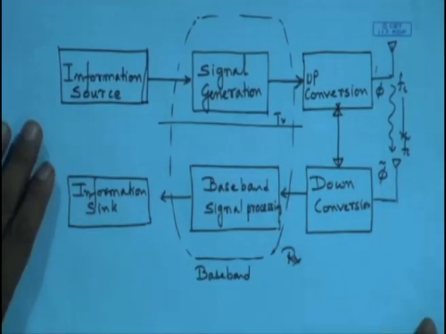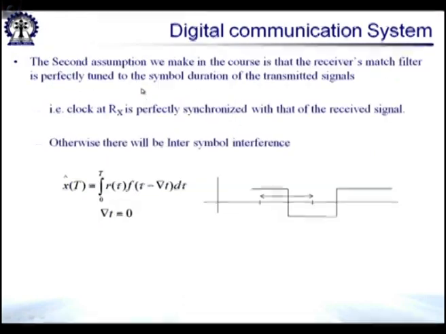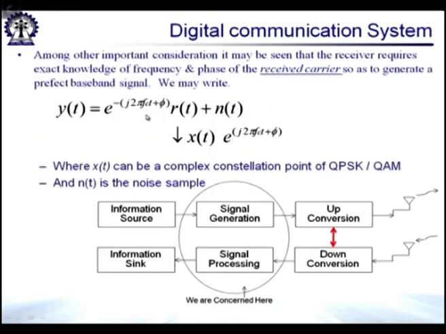So, what we essentially mean is that the receiver requires exact knowledge of the frequency and phase of the received carrier, so as to generate the perfect baseband signal. The received signal will be down converted, phase matched with the transmitted signal.